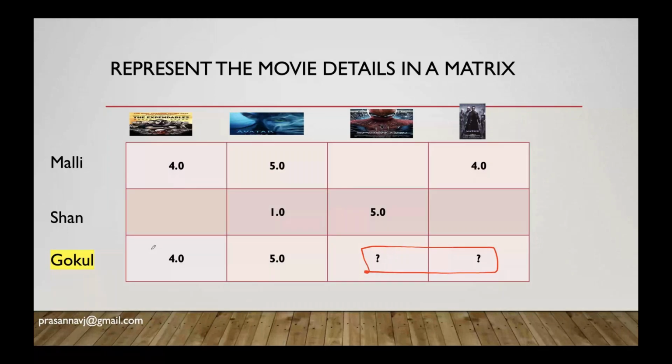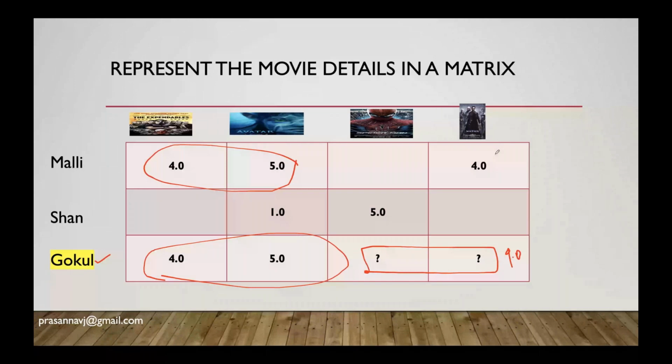Because I have only three users, and Gokul and Malli have a similarity, I can identify that Gokul might also give above 4.0 for this movie, and I can start recommending it.